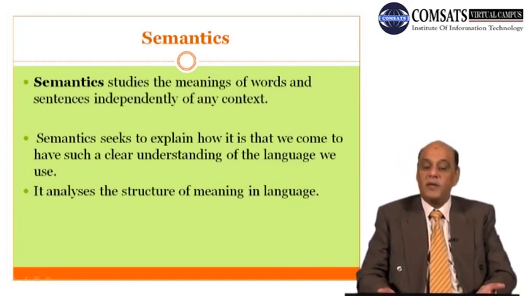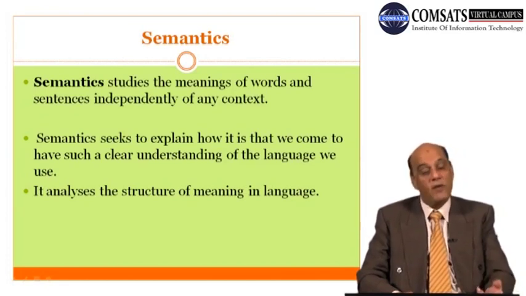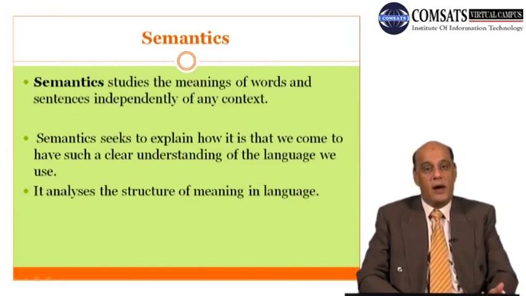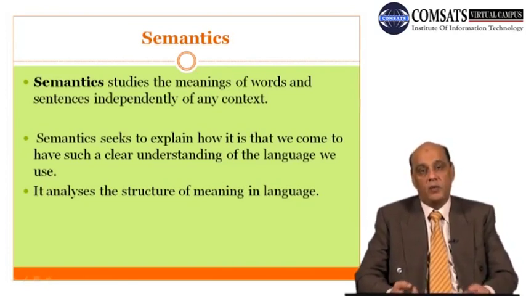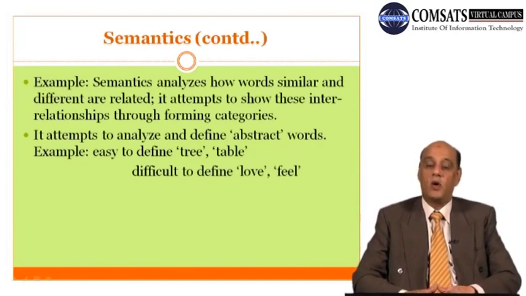Now, semantics seeks to explain how it is that we have such a clear understanding. We do have a clear understanding of the language, and how we have it, this is what semantics talks about. It analyzes the structure of meaning in language. It analyzes what meaning a particular word might have in language. For example, semantics analyzes how words similar and different are related.